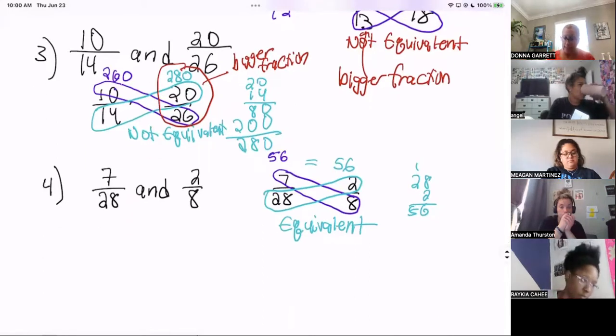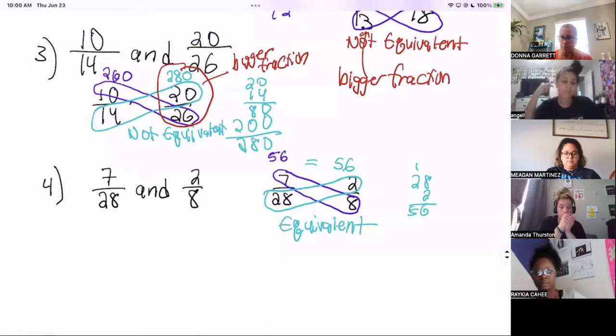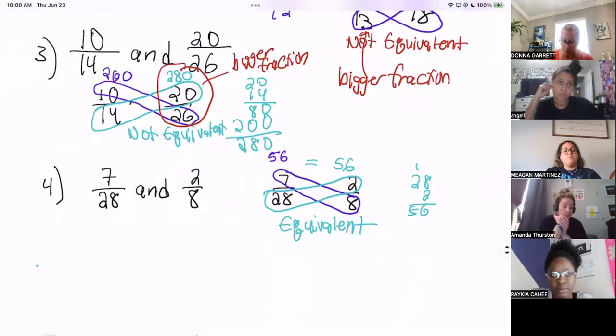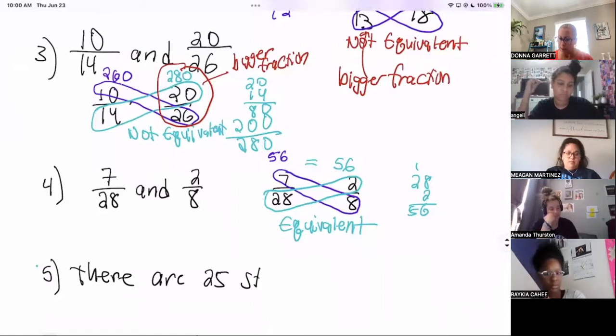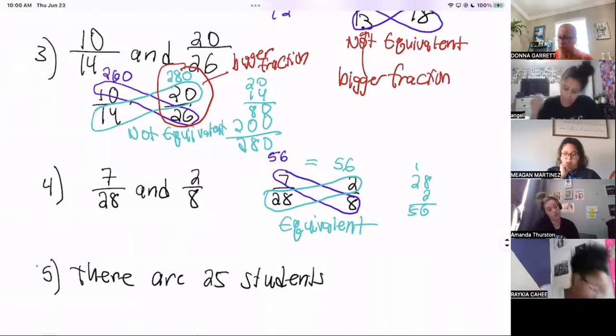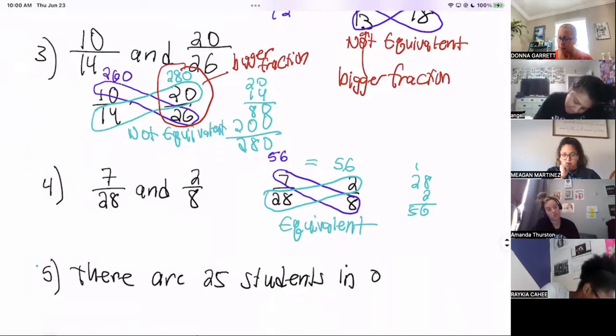All right, one last thing. We can use equivalent fractions to sort of answer questions. So I'll make this number 5, and then this section will be done. It's a word problem: there are 25 students in our class. There aren't, but I made it up.